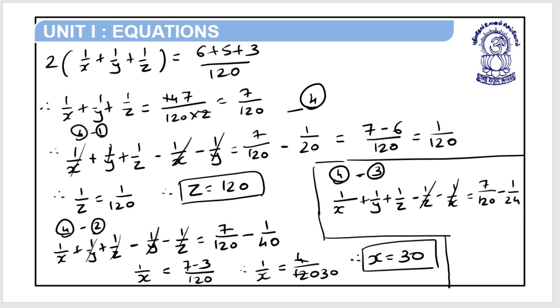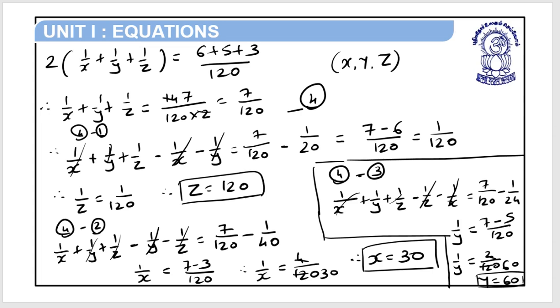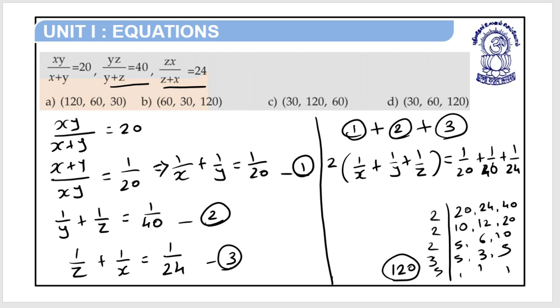Minus 1 upon z minus 1 upon x cancel. So 1 upon y is equal to 7 minus 5 upon 120, 2 6s are. So y is equal to 60. So value of x, y, z is 30, 60 and 120. So answer is D, 30, 60 and 120.